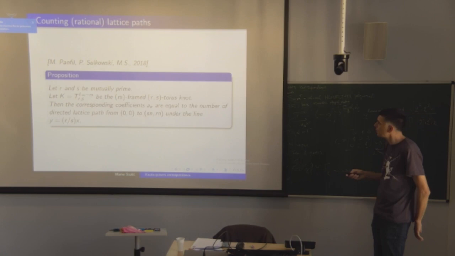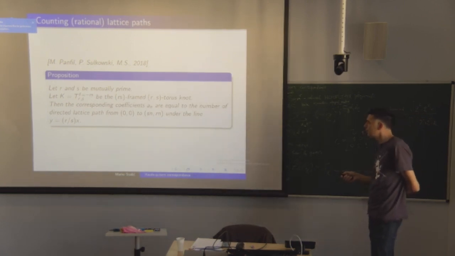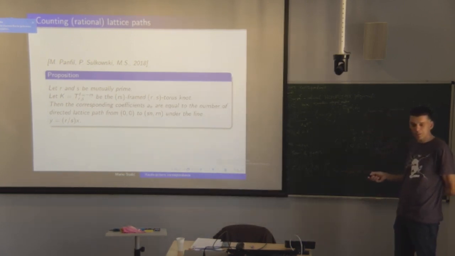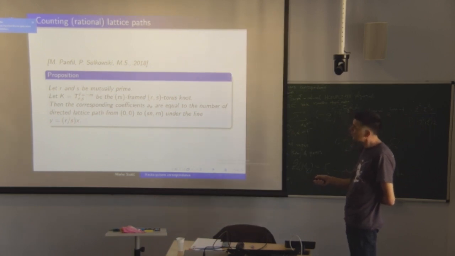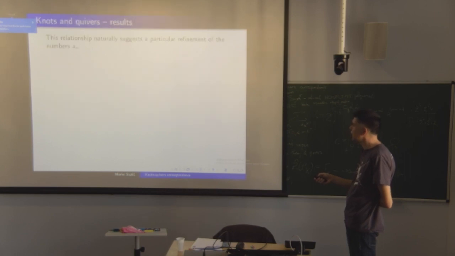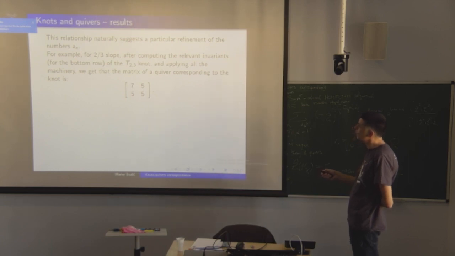So there are a couple of steps, but if you take, as I said, a critical line of some rational slope, you take that rational slope and the torus knot in the right framing. There are some technical details. Find this quotient, and out of it you can extract these numbers a_n. How?